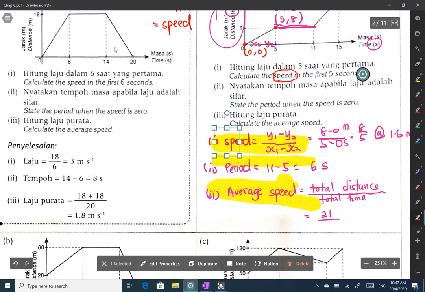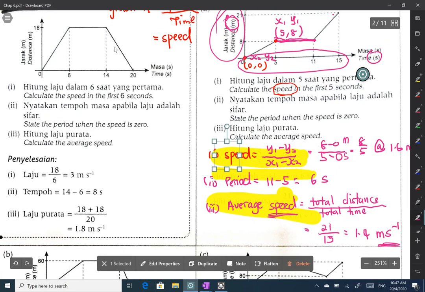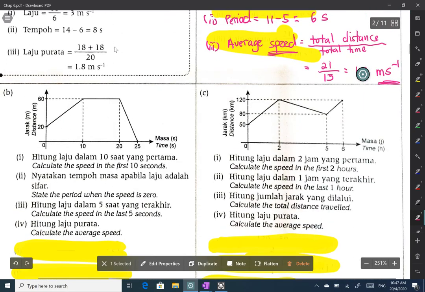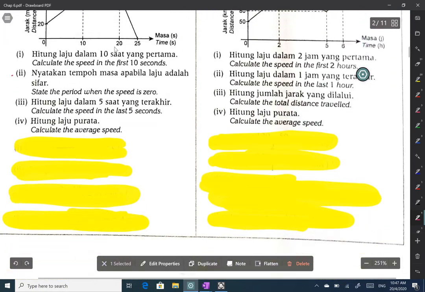Total time is 0 to 15, so it's 15. So we get 1.4 meter per second as the average speed. We must look at the unit, we must always check the unit. Okay.